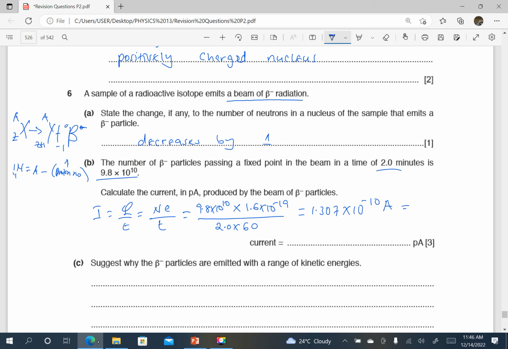To change it to pico, we divide by 10 power negative 12. So this is 1.307 times 10 power negative 10 divided by 10 power negative 12. To bring in a prefix, we divide by its value. To remove a prefix, we multiply by its value. I'm bringing in a prefix, which is pico, so I divide by the value of pico, which is 1 exponent negative 12. And this is 130.7. So this is 130.7 pico amperes. I will just write 130.